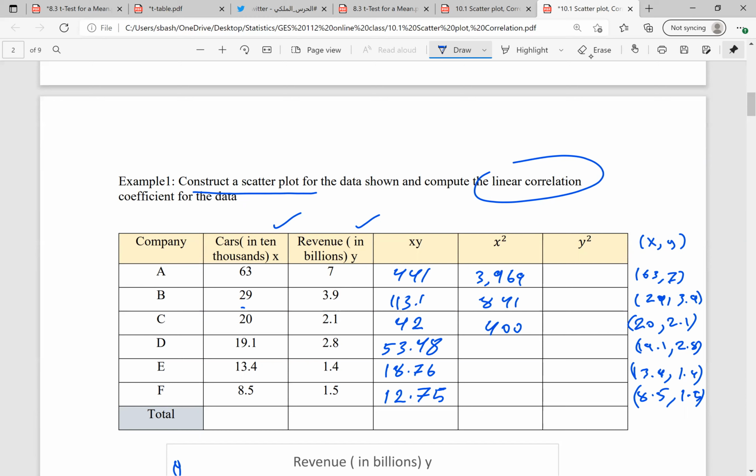Next one, we have 19.1 squared equal to 364.81. Next one, 13.4 squared equal to 179.56. And last one, 8.5 squared is 72.25.